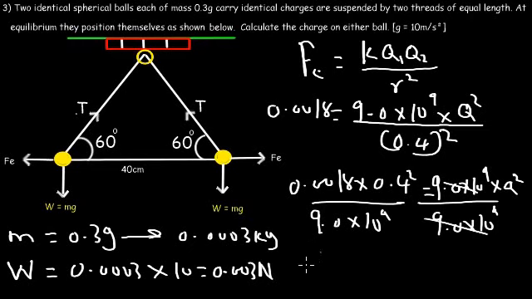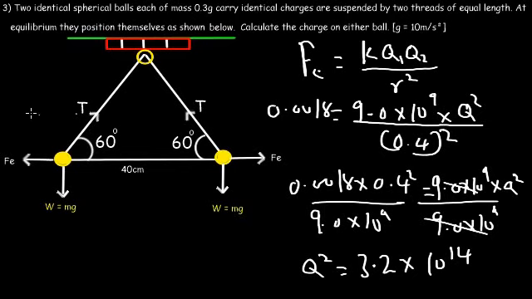So this cancels out. And q squared can result in, so let me type that into my calculator, 0.0018 multiplied by 0.4 squared. And I'm dividing that by 9 times 10 to the power of 9. So that results in 3.2 times 10 to the power of negative 14. So finally, I can solve for q by just taking the square root of both sides.